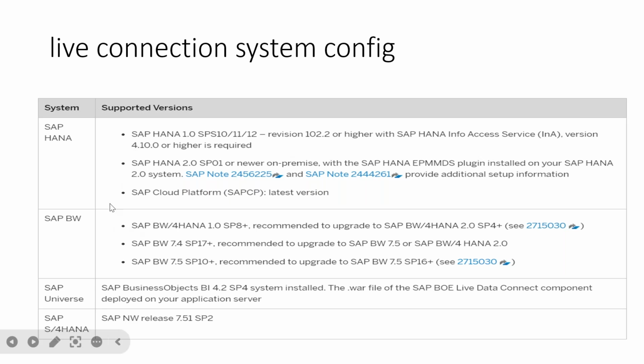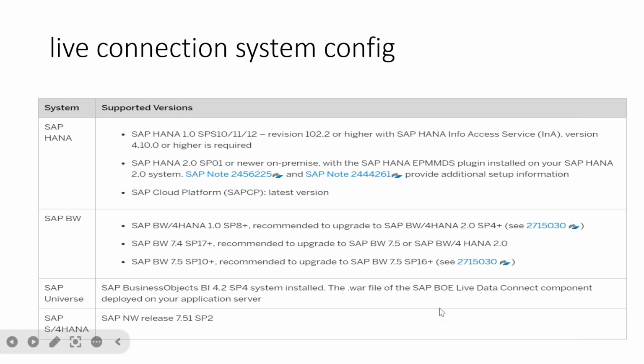If it is BW, for HANA 1.0 service pack 8 plus, recommended upgrade BW for HANA 2.0 service pack 4 plus. 7.4 service pack 17 plus, recommended upgrade to 7.5. 7.5 service pack 10 plus. So if your BW system is on the lower versions, guys, first they need to upgrade, and then connect in live.